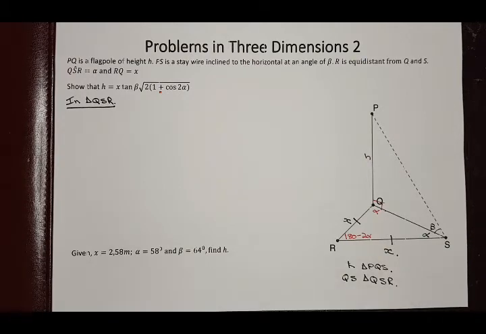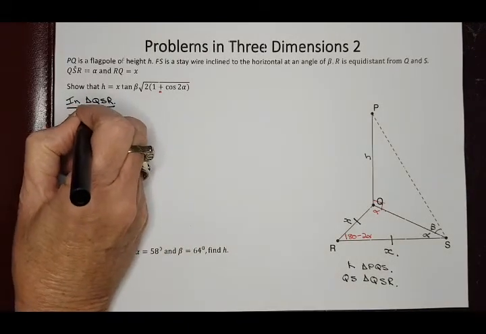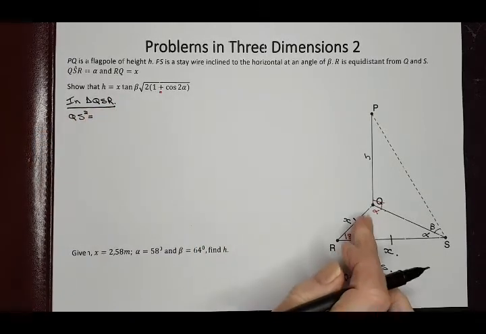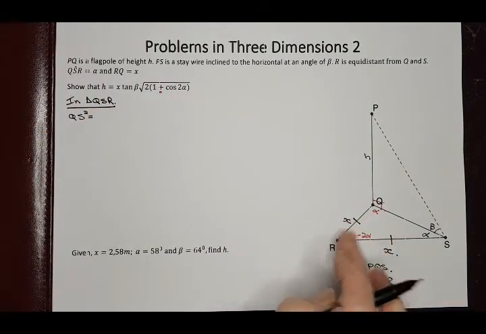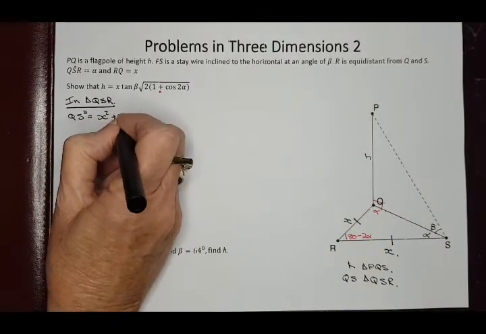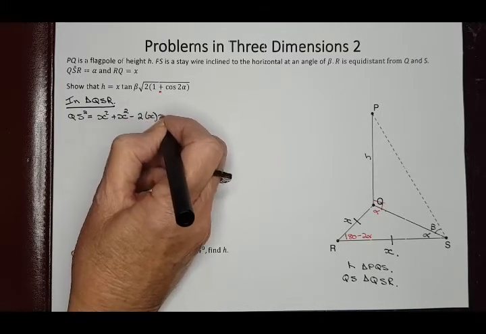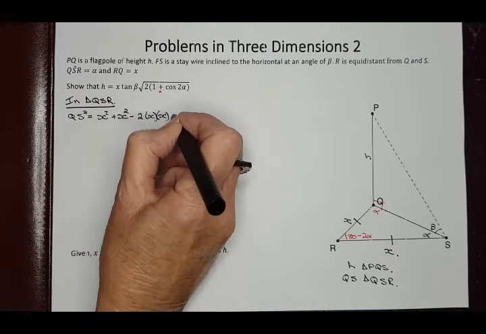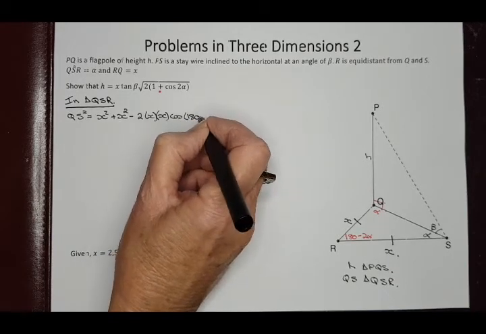So I'm going to say in this triangle QRS that QS squared is equal to, remember you use your side, your included angle and your side. QS squared is x squared plus x squared minus 2 times x times x times cos of the included angle.